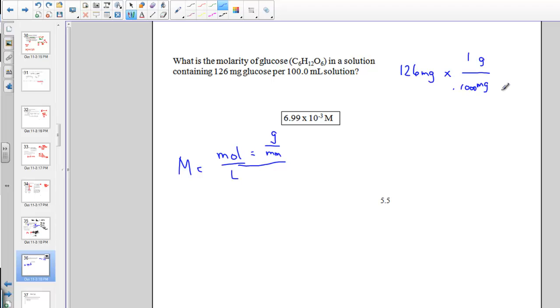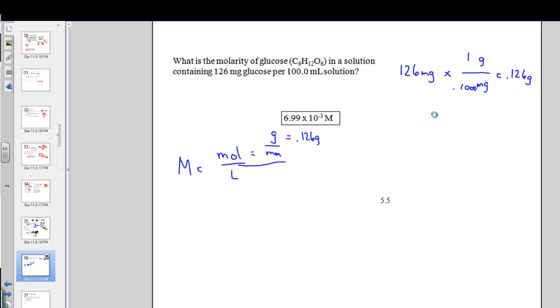So 126 divided by that 1,000 is 0.126 grams. See what we've done here? We've converted our milligram to a gram by sliding the decimal 3 spots. That's not a decimal, by the way, although it looks like a random dot. What we're trying to do is erase that 1 gram over 1,000 milligrams is that ratio there.